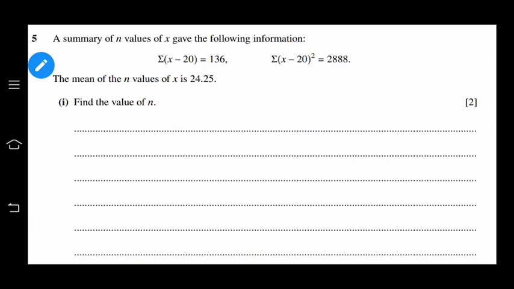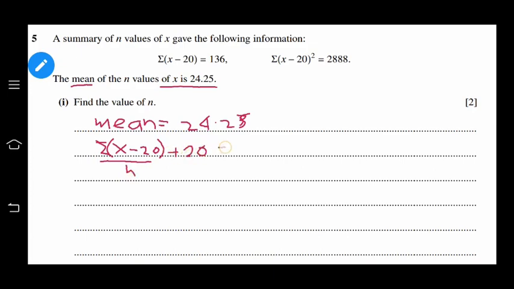Okay, so this is similar to our first example today. What they have mentioned here is the mean is 24.25. What is the formula for mean using coded data? It's nothing but sigma x minus 20 by n plus 20 is equal to 24.25.